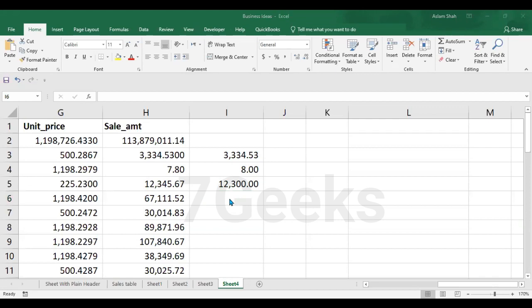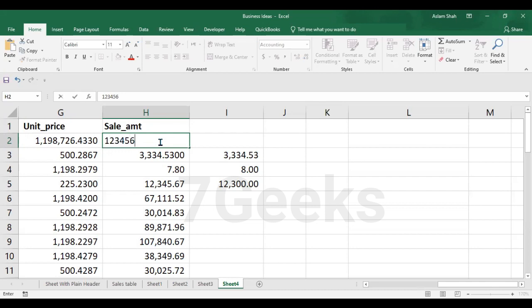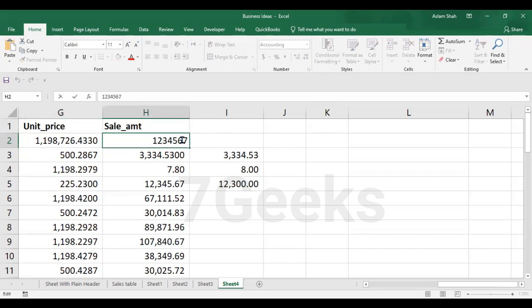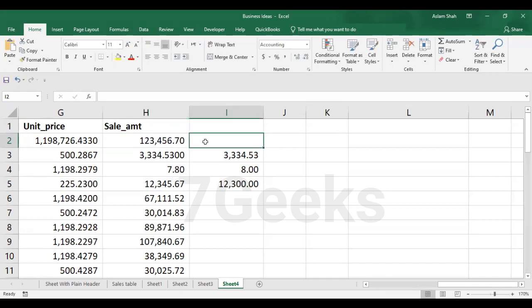Another way to round the values is rounding to millions. For example, I have a value that is in millions. In million, I mean this is 1, 2, 3, 4, 5, 6, and 7, and there is a decimal after 7.